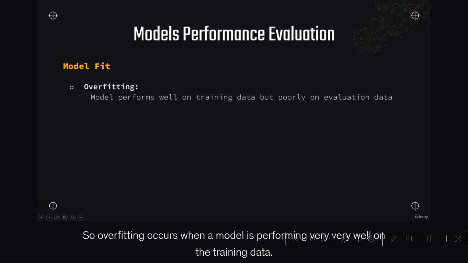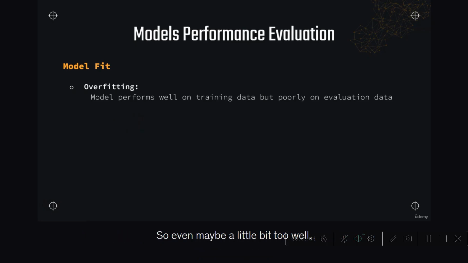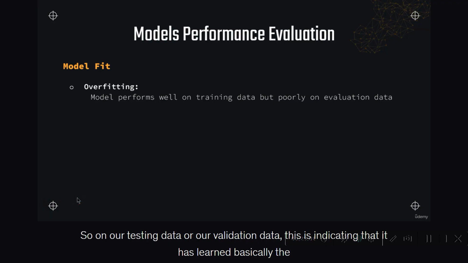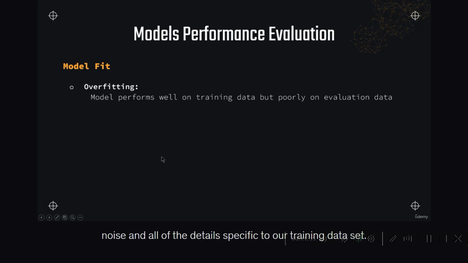Overfitting occurs when a model is performing very, very well on the training data, maybe even a little bit too well, and then it is performing poorly on unseen data, so on our testing data or our validation data. This indicates that it has learned the noise and all of the details specific to our training data set. So it was just too close to the training data set, exactly mirroring the training data.